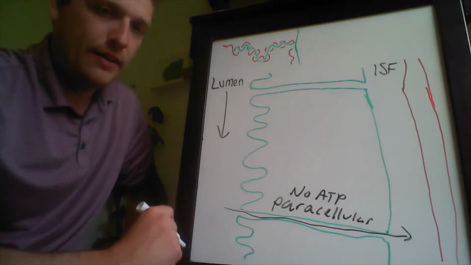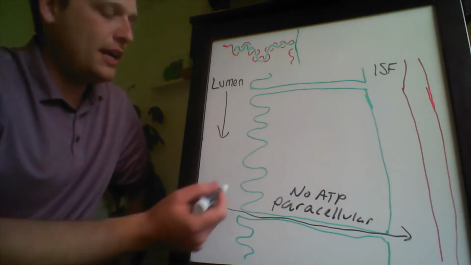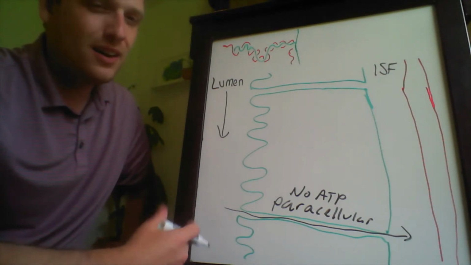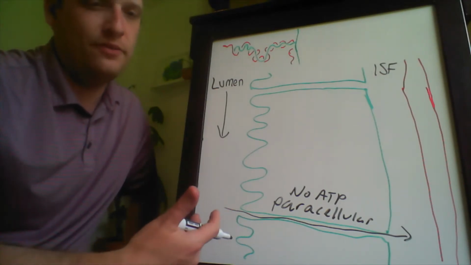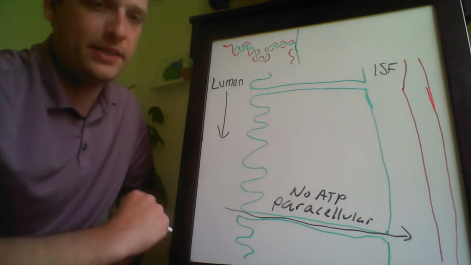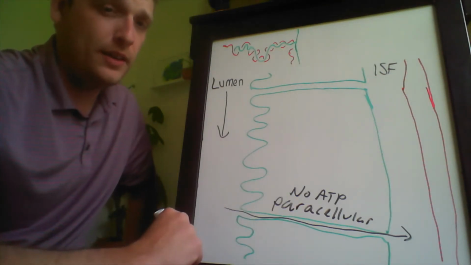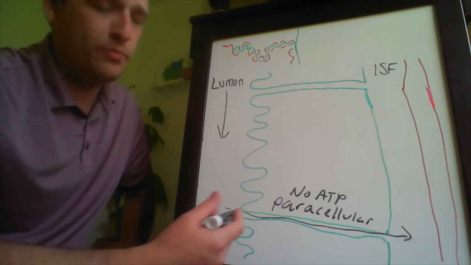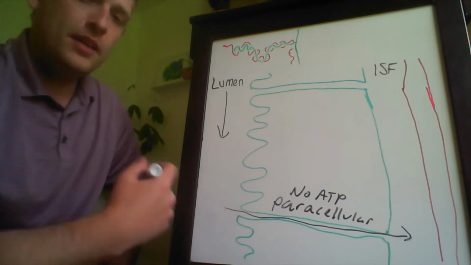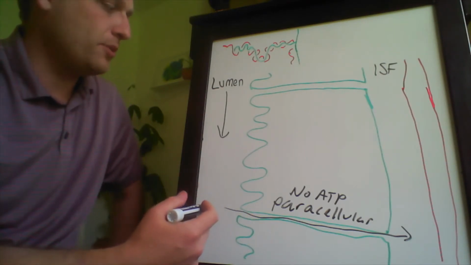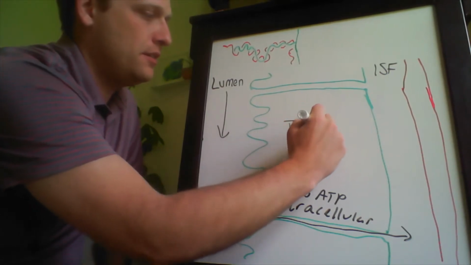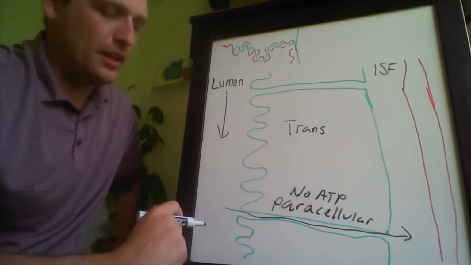Now the other way that substances can move, and before we go on, these paracellularly transported substances are going to be like your small things that can diffuse readily. So your electrolytes can go by the paracellular transport pathway, as well as water can move by osmosis. And the other way that materials can be transported is through the transcellular pathway.